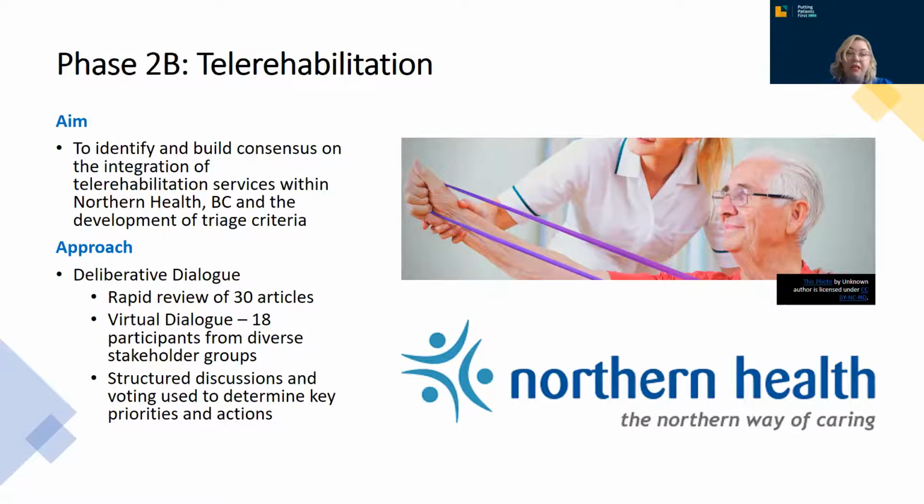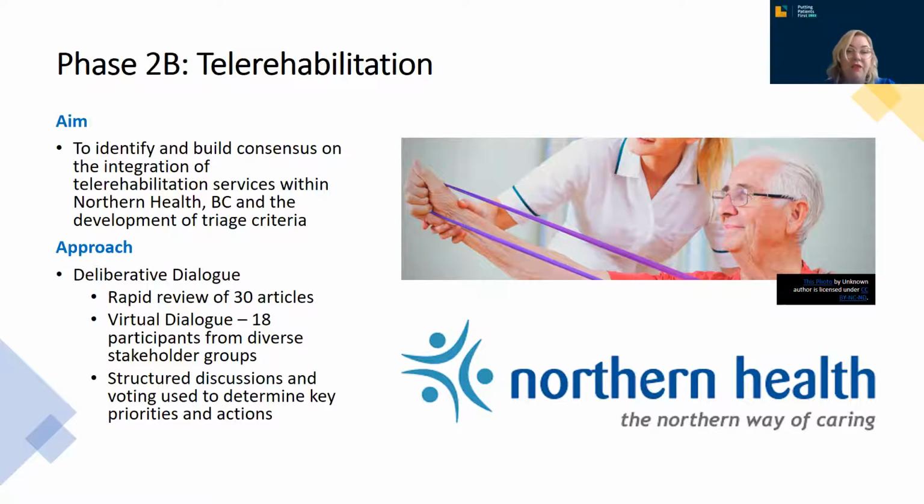Through the approach, we conducted a rapid review, which included a review of 30 articles. This generated the evidence to support the dialogue and included the identification that varied technologies could be used for telerehabilitation services. As well, we uncovered various barriers and facilitators, as well as understanding how patients could be assessed for suitability for telerehabilitation services.